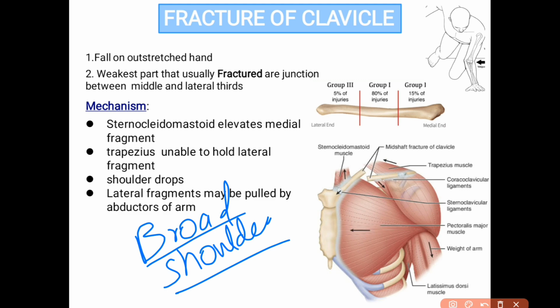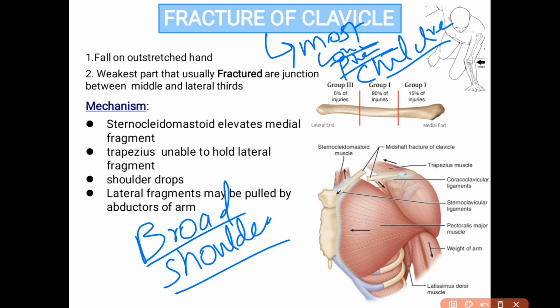The fracture of clavicle is most commonly present in children, especially in neonates during delivery. In neonates, the broad shoulder happens because of fracture of clavicle while pulling the baby out.